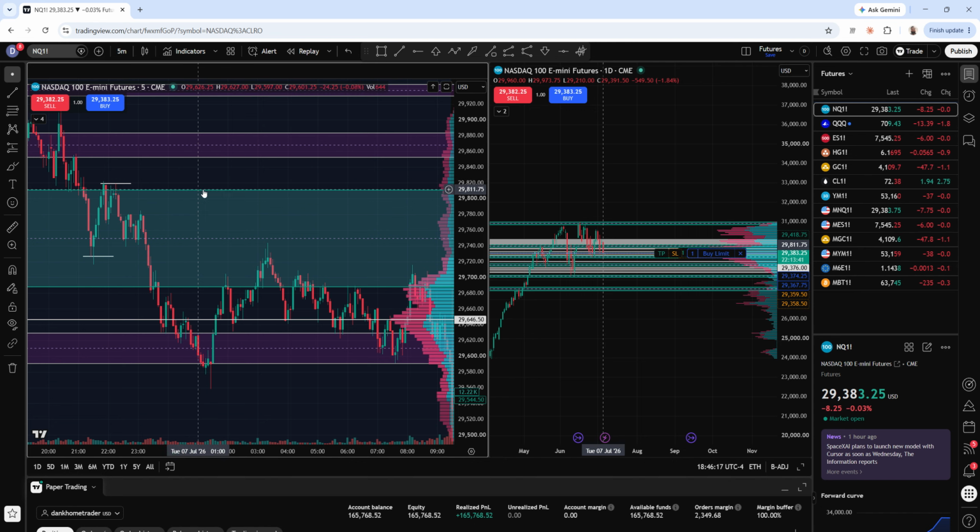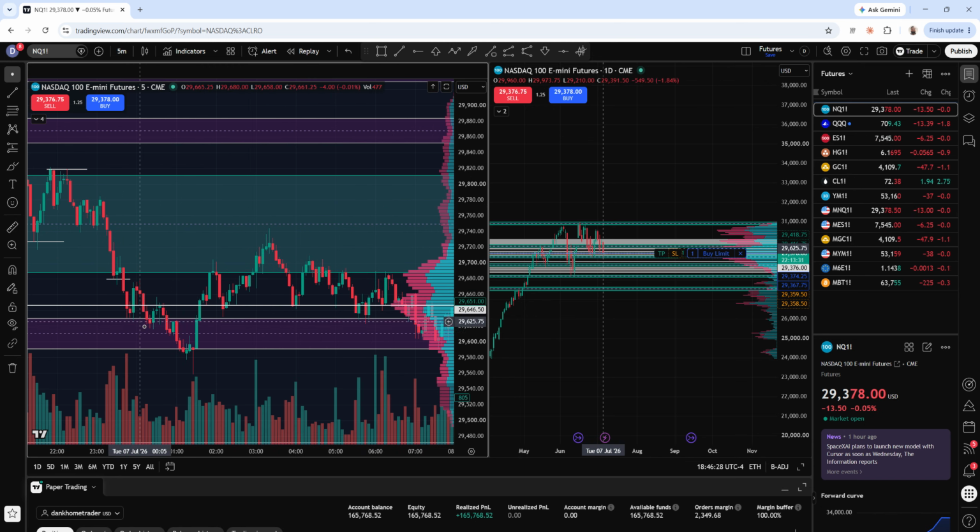So I'm not watching price exactly. Not sure if it triggered us in yet. We'll get back to it in a second. But then we set a kind of pivot, a brief hesitation, and then continued down.